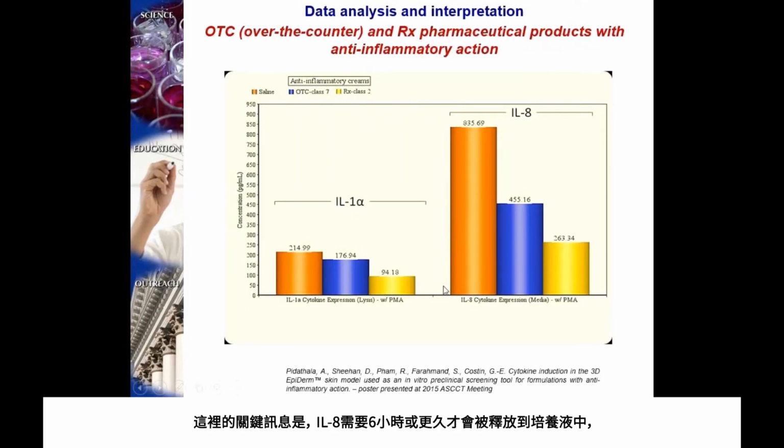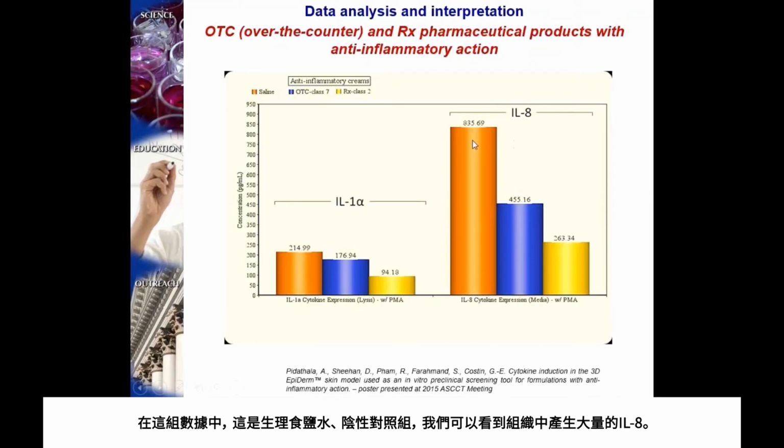The key information here is that it takes 6 hours or more for the interleukin-8 to be secreted in the media, whereas interleukin-1 alpha needs 24 hours of post-exposure to be expressed and released into the media, if you remember from the cytokine assay that I explained before.